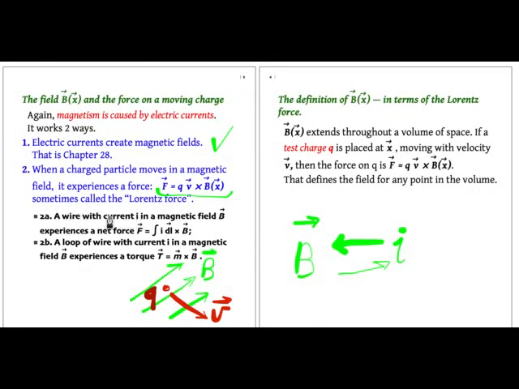Now, the force on the wire, the net force on the whole wire, will be the integral of I dl cross B. Where does that come from? Well, you see, the force on a single particle is Q v cross B. And I is dq/dt.